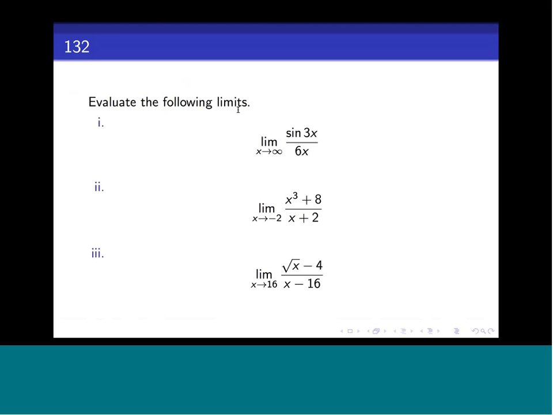No. Actually, the bottom can be factorized. Oh, okay. What is it? 1 over 8. Okay.